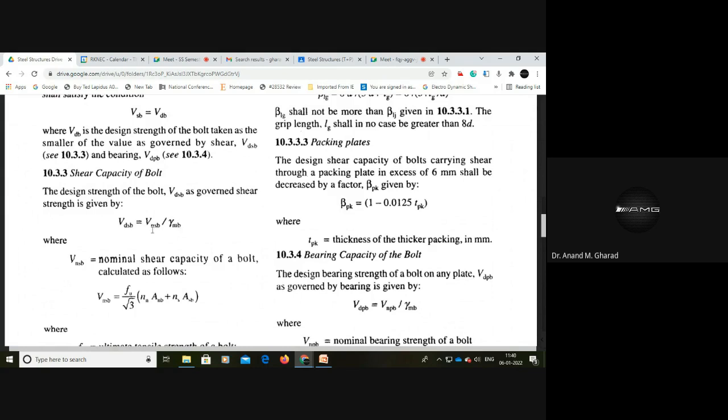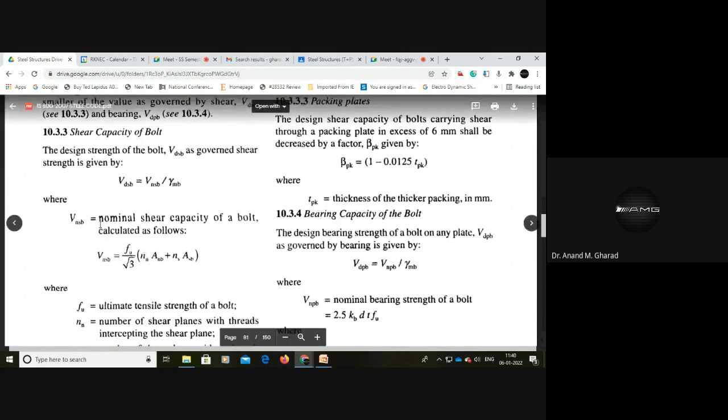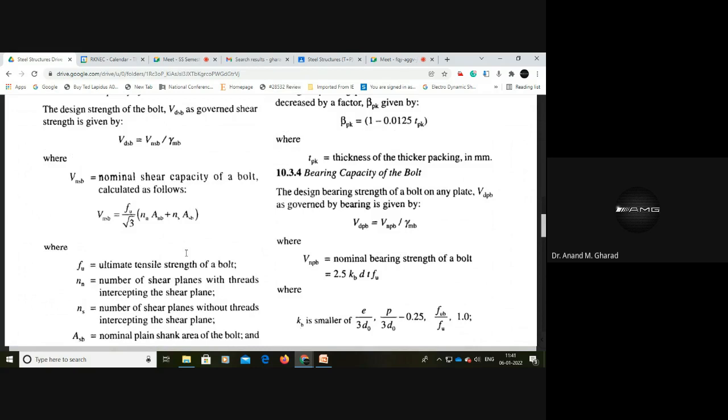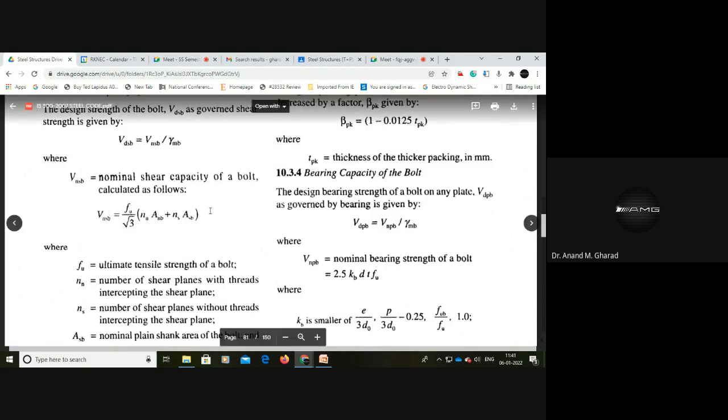Okay, this is further simplified in this manner. VNSB is equal to FU divided by root 3 in brackets: Nn into Anb plus Ns into Asb. That is nothing but stress into area will give me the value.